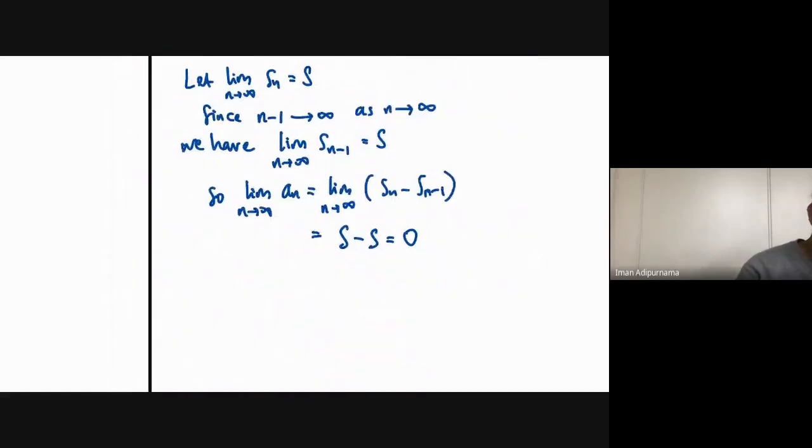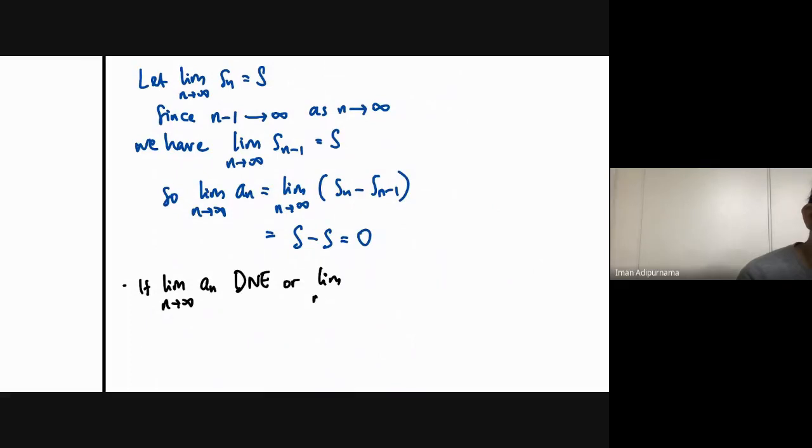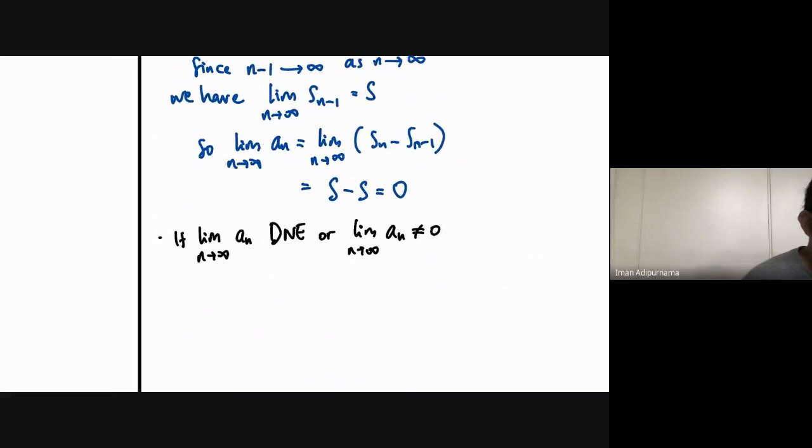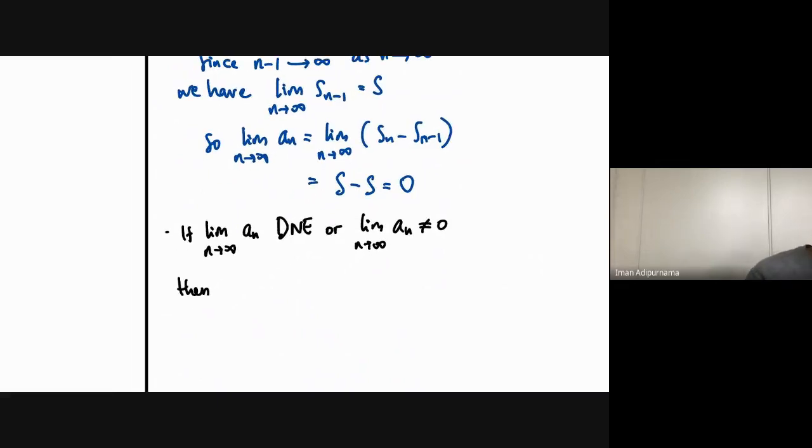Let me write some conclusion. So if the limit of the sequence is not 0 or doesn't exist, then the series diverges.